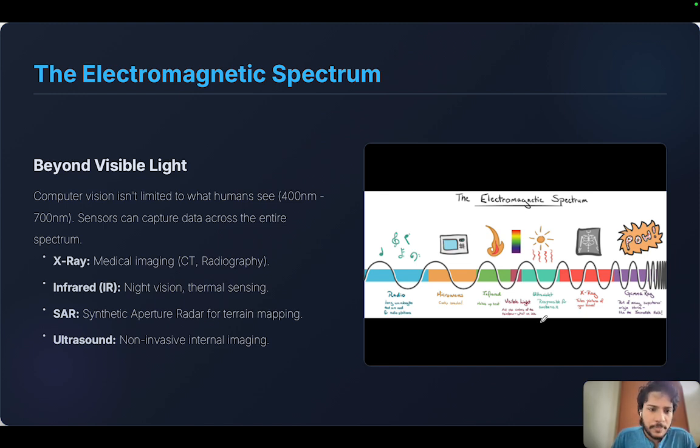Most of the electromagnetic waves we use in our daily lives are X-ray, infrared, SAR (synthetic aperture radar), and ultrasonic sound. The X-ray is a powerful electromagnetic wave which can move through our body, but our bones absorb the X-ray electromagnetic wave.